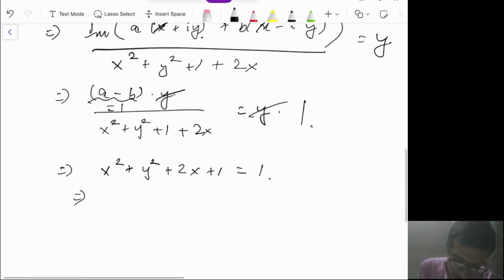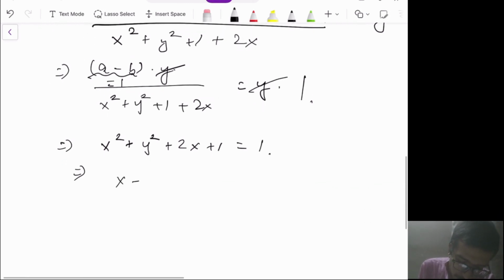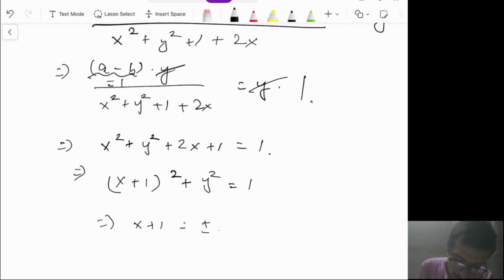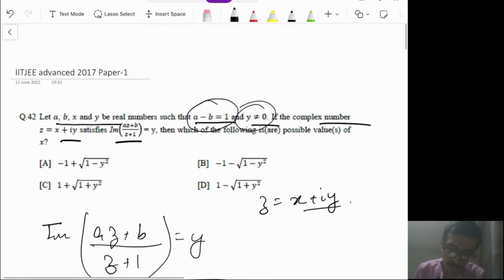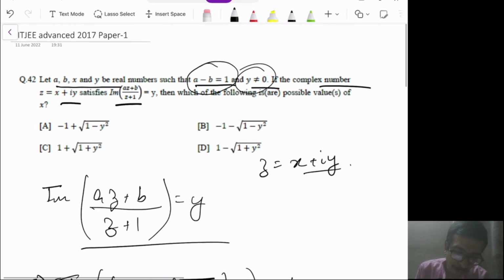Now I can simplify it as x plus 1 square plus y square equals 1, which gives that x plus 1 is plus minus square root of 1 minus y square, or x is minus 1 plus minus square root of 1 minus y square. So here we have two possible values of x given a y, which are minus 1 plus square root of 1 minus y square and minus 1 minus square root of 1 minus y square.